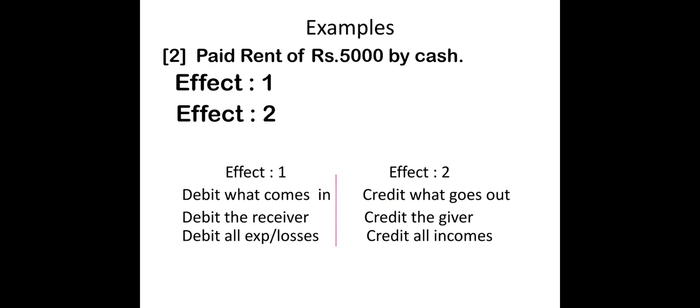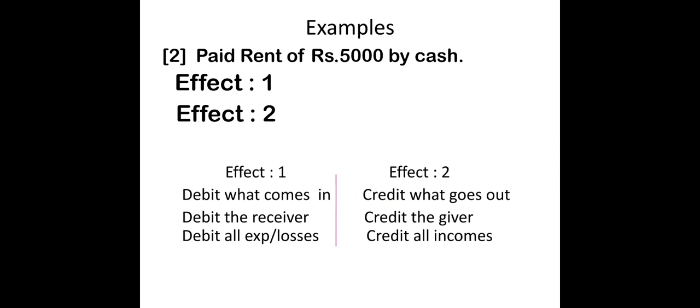Okay, now let's take one more example, student, to understand it in better way. Yes, here it is on your screen, student. Just read the sentence. Paid rent of ₹5,000 by cash. Okay, now student, it is just like transaction number 1, isn't it? Instead of salary, there is other expense, rent.